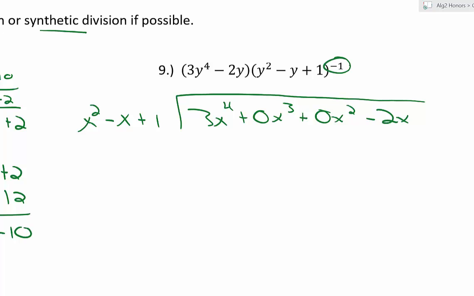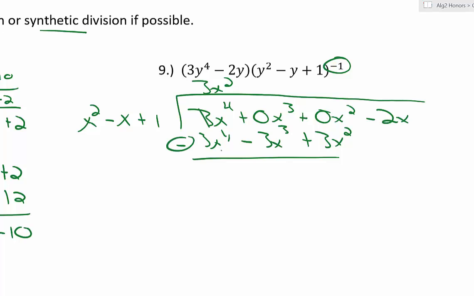This negative 1 means we're going to put it in the denominator, so we're going to divide. And 3x to the fourth is what we want, minus 3x cubed plus 3x squared. So we'll subtract. Double negative makes this positive, and subtracting makes this negative 3x squared minus 2x.